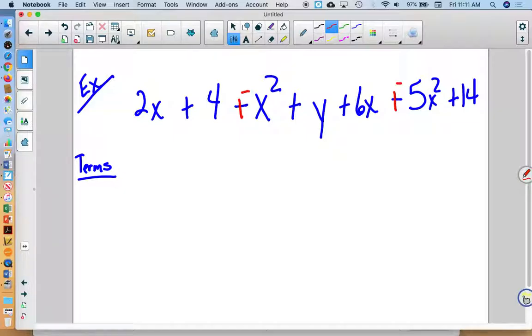Okay, what are the terms? What are the terms, Jaslyn? 2x, 4, negative 2x, I mean negative x to the second power, and y, 6x, negative 5x squared, and 14. Now I get a little bit more space.